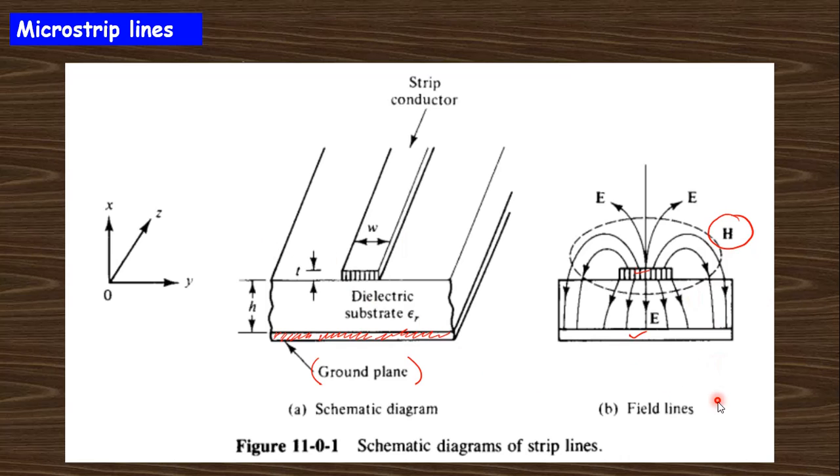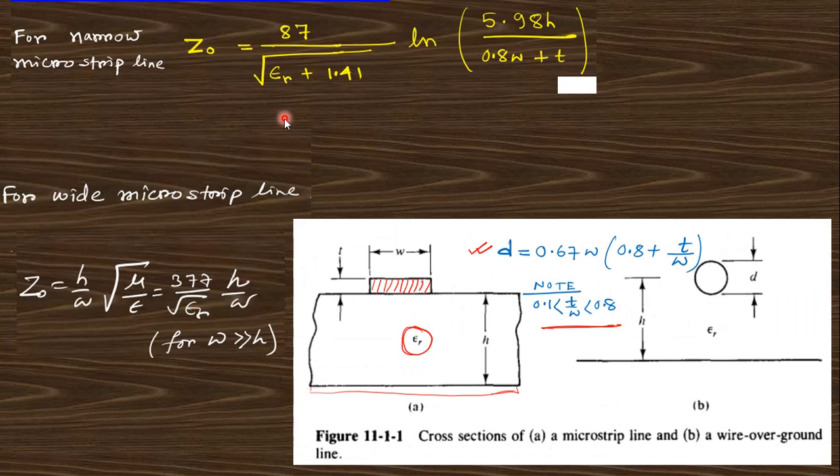You can see these are the electric field lines, and the dotted ones are the magnetic field lines, because you know the electric field and magnetic field are perpendicular to each other. In that lecture we found the characteristic impedance of this microstrip line for the narrow microstrip line, this expression, and for the wide microstrip line, this was the expression.